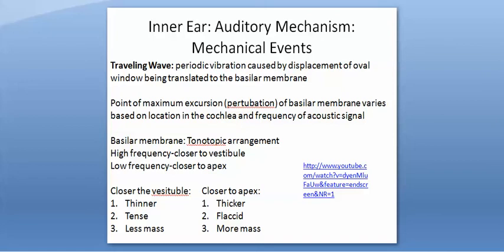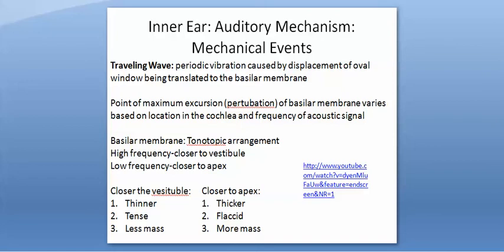It's a periodic vibration of the fluid being displaced by the oval window and then translated to the basilar membrane, where the basilar membrane is displaced, and then the hair cells are moved, and then the eighth cranial nerve, the cochlear nerve, picks up that information. The point of maximum excursion or perturbation of the basilar membrane really varies depending on the location in the cochlea and the frequency of the acoustic signal.